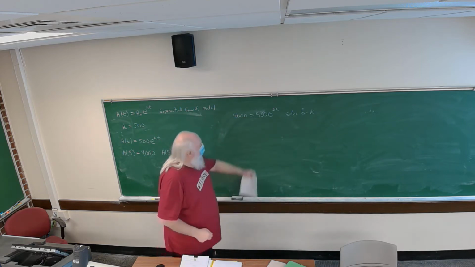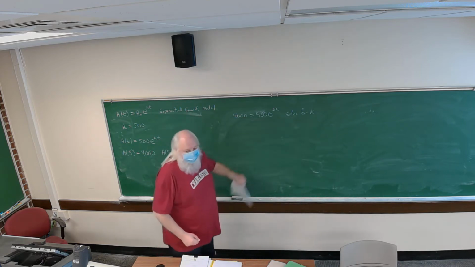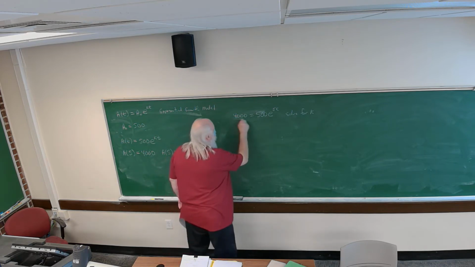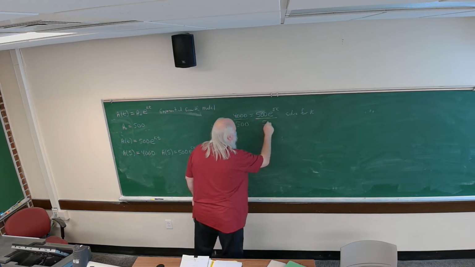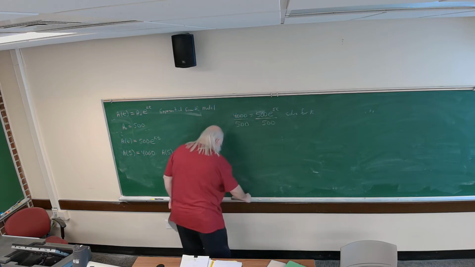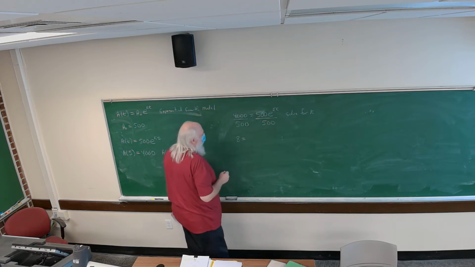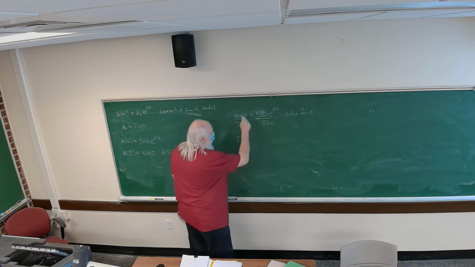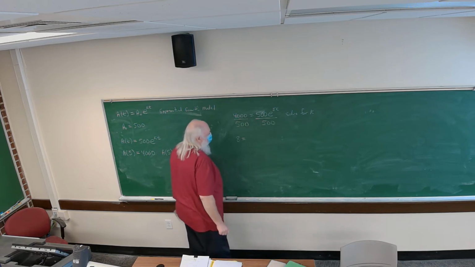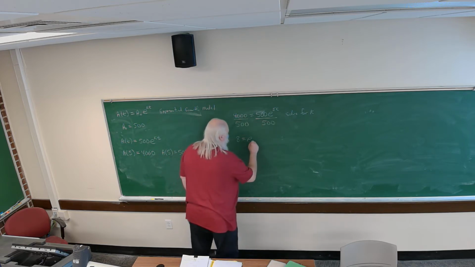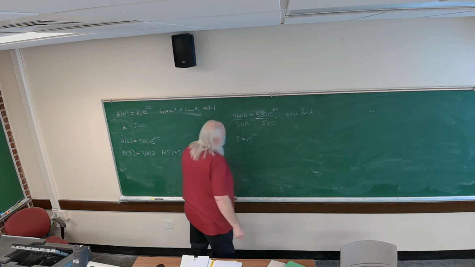Well, on the right is 500 times e to the 5k power. And you know division undoes multiplication, so we divide both sides by 500. On the left, 4,000 divided by 500 is 8. 500 cancels in the numerator and denominator on the right, and we're left with e raised to the 5k power.